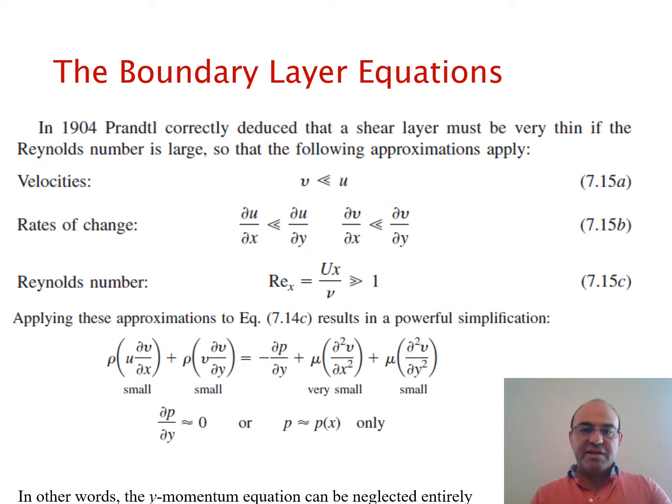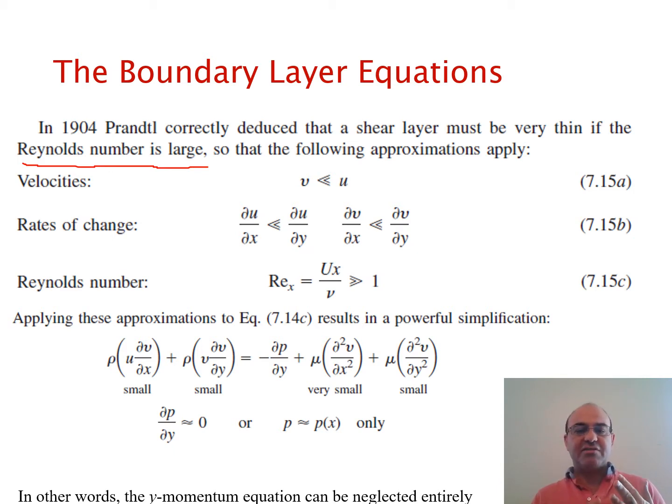That's based on several assumptions: if the Reynolds number is large, then we will have a thin boundary layer, and if the boundary layer is thin compared to the length of the plate, then we can make some assumptions. Don't worry, we will see some consequences.